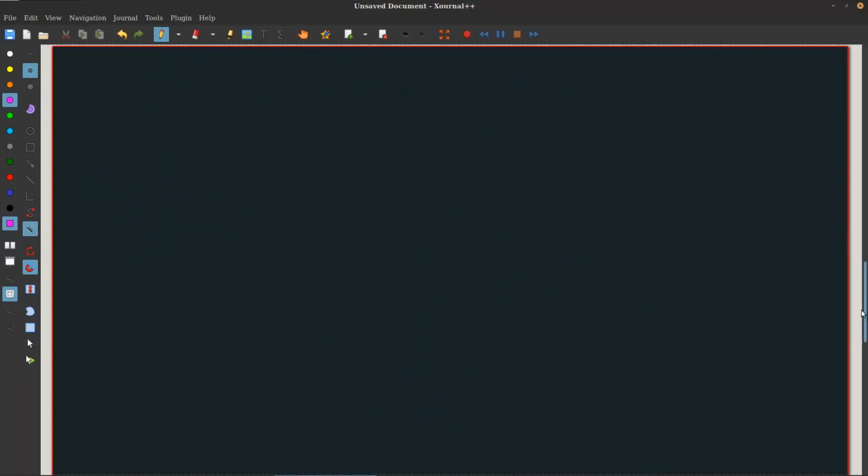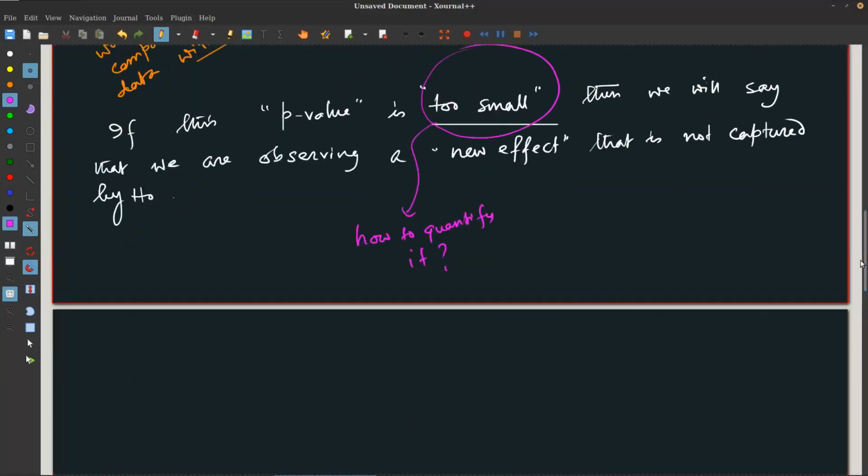Now, of course, there is no hard and fast rule on where to put your cut on the p value before you conclude that there is a new effect. So a traditional way to do this is to assign some sort of a significance to this new effect.